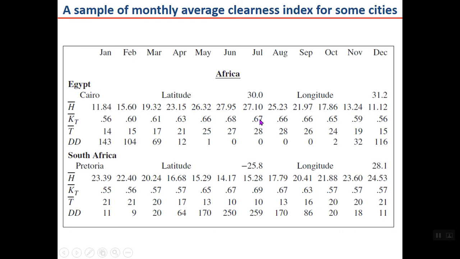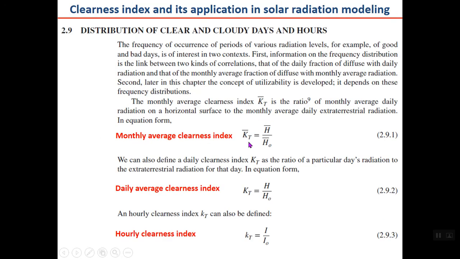So this means that in this formula, K bar T for Cairo in July is 0.67. So the ratio of the radiation on the Earth to the radiation outside the atmosphere for the month of July for Cairo is 0.67. So if you have K bar T and you have H0 bar also by calculation or from chapter 1, then you can simply find H bar.